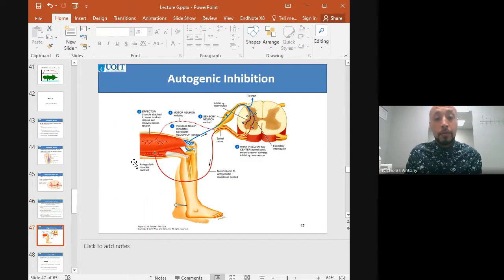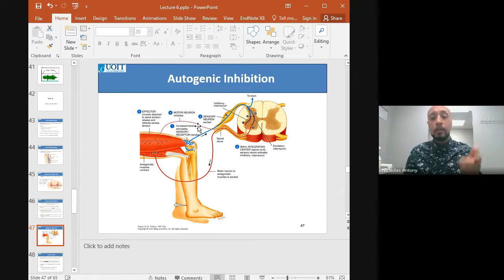Here we have an example of autogenic inhibition. So, Joseph, remember you were talking about the Golgi tendon organs? Okay, so if the Golgi tendon organs fire, let's say there's an increased amount of tension. The autogenic inhibition is a reflex that if there's too much tension in the muscle, it reflexively turns off.